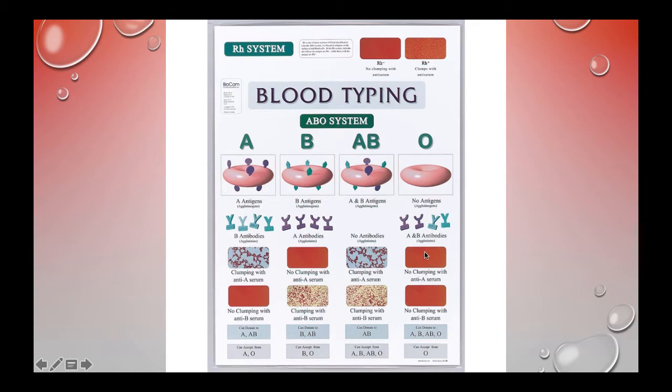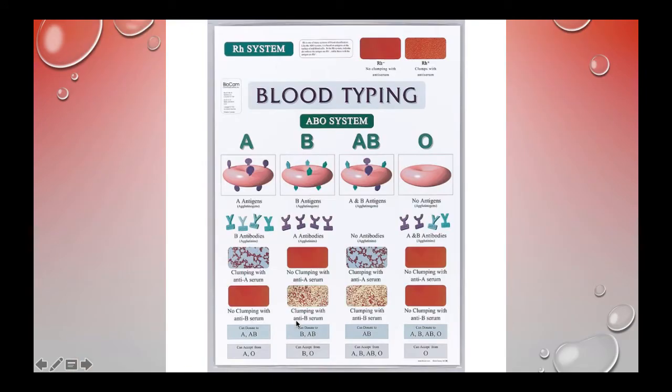And if you're like me and you're type O, you won't have any clumping in either tray, other than if you are O positive, which I am. So I am positive for the Rh factor, and so I do see the agglutination or the clumping in the Rh spot. You'll see on the test, we'll either call that the anti-D serum or the anti-Rh. It's the same thing. It just depends on which manufacturer made the test.